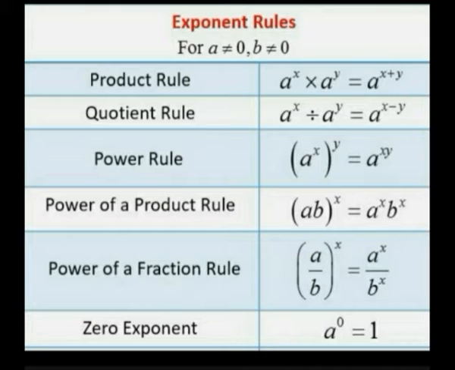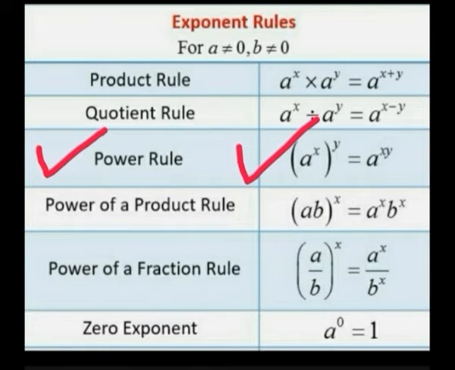Next is the power rule. It says that when a term is raised to an exponent and the result of it is raised to another exponent, then the exponents or powers are multiplied. This is its symbolic form. Let's take an example.